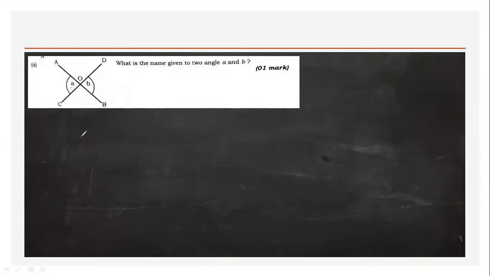Then we can write vertically opposite angles. Right? Not only the question, this is the answer for this.